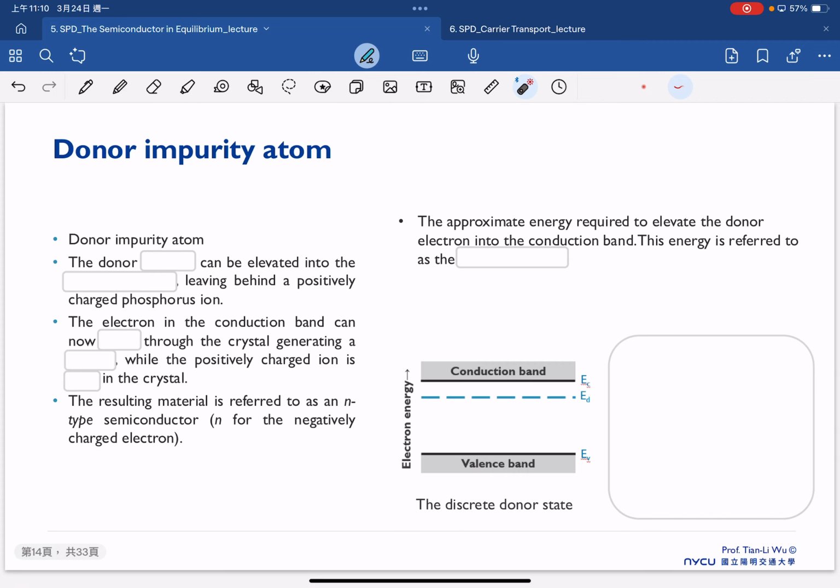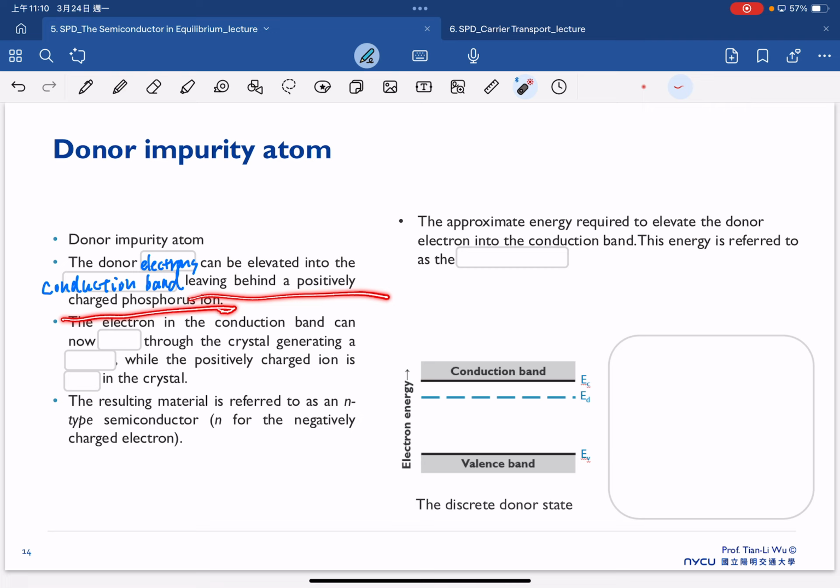So, if we first consider donor impurity atoms, the donor electrons can be elevated into the conduction band and leave behind positively charged phosphorus ions.